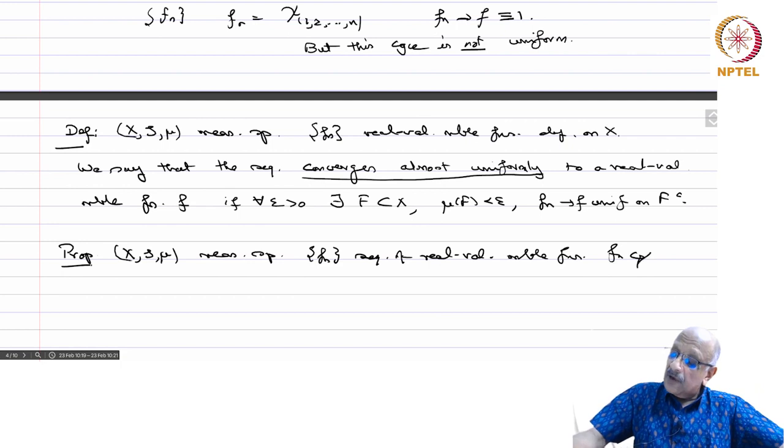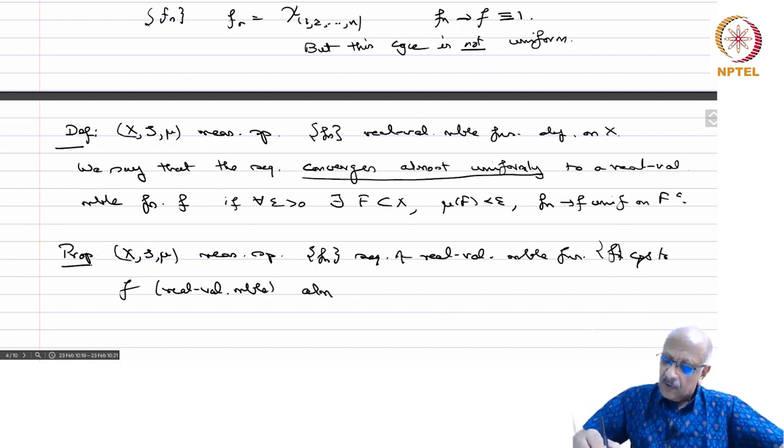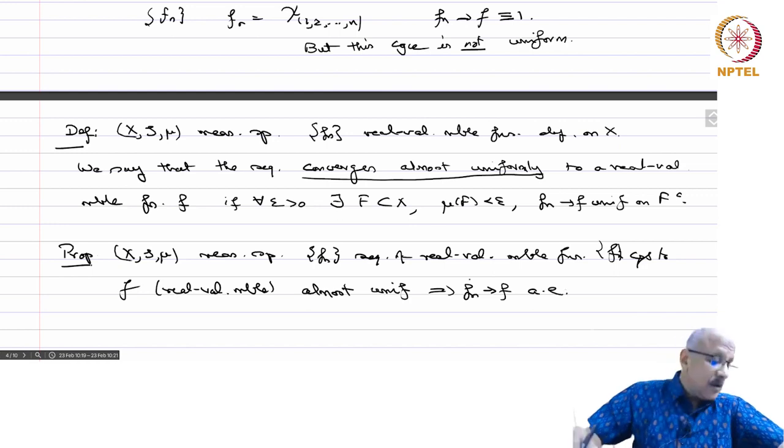If f_n converges to f, a real valued measurable function, almost uniformly, then f_n converges to f almost everywhere.